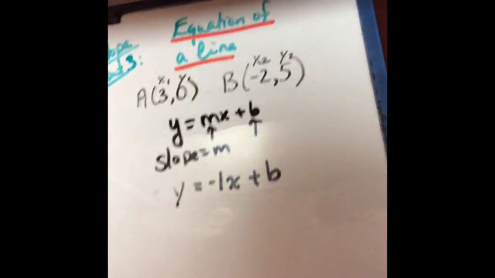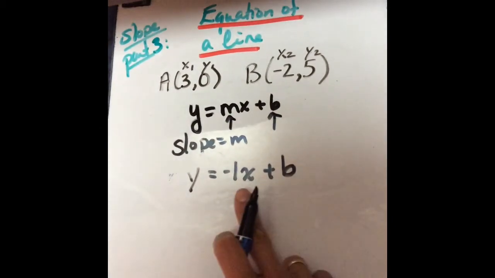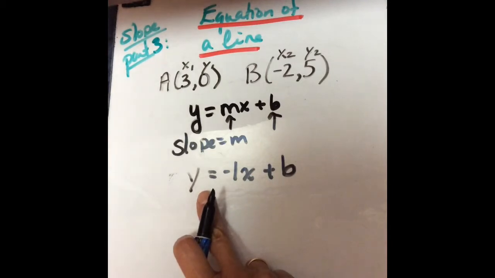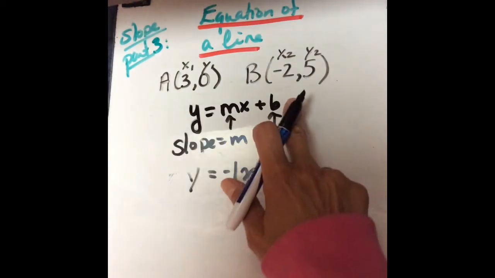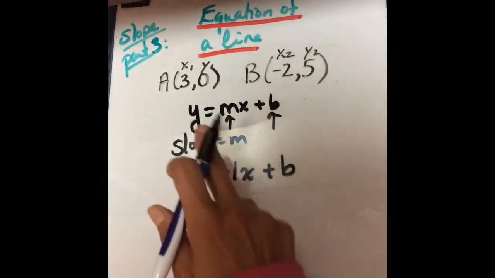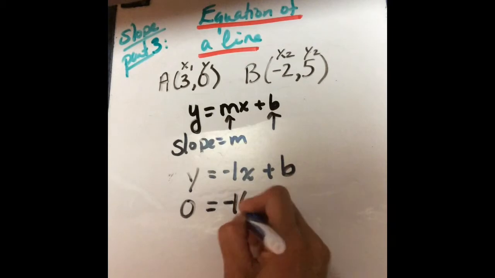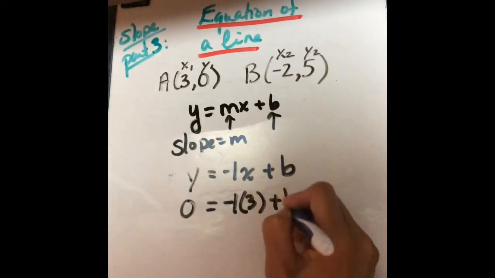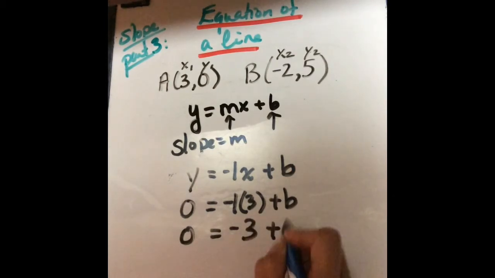And in order to find the b, we want to isolate one variable, so let's take an x and a y. An x and a y is any point. We can choose this one or we can choose that one, whichever one you like. Let's try this one. So we're going to put in 0 for y, and x is 3, plus b. And so you have 0 is equal to negative 3 plus b.